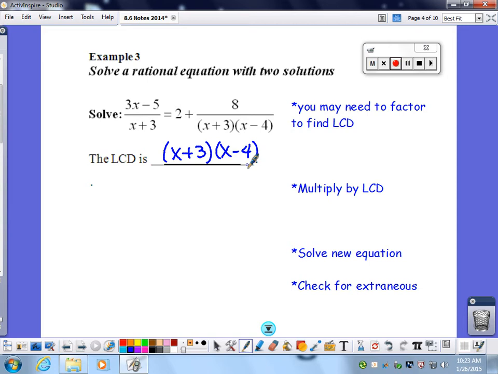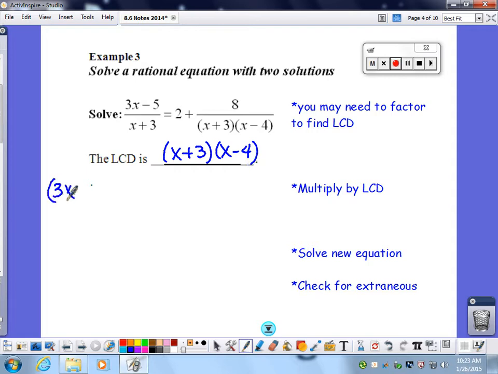All right, so that means each expression gets multiplied by that least common denominator. Only the numerator, though, because my whole goal, like I said, as long as I do the same thing to each expression in my equation, I have an equivalent equation. So we're going to multiply by the least common denominator.